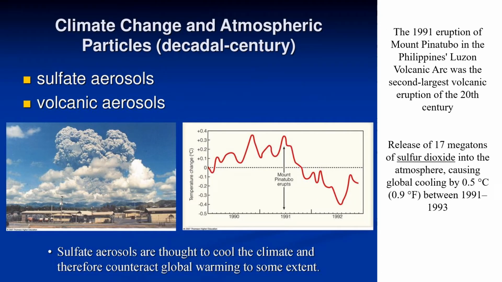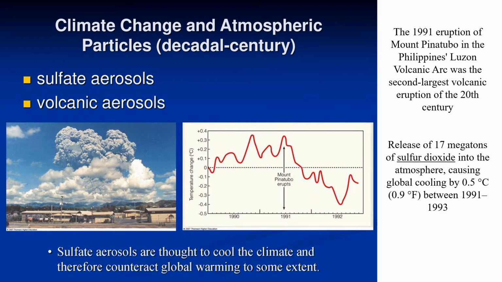So climate change and atmospheric particles, how does that work? You see, sulfate aerosol works when a volcanic eruption happens. A huge amount of sulfate aerosol is injected into the atmosphere, and that blocks the sunlight, and this blocking has a negative effect.